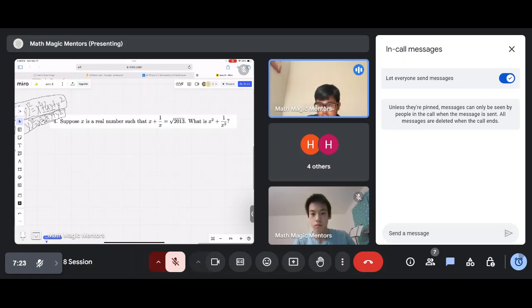Before I start solving this problem, does anyone have any ideas on how we can approach this problem? No ideas. All right. So again, we see the sum of two different squares.